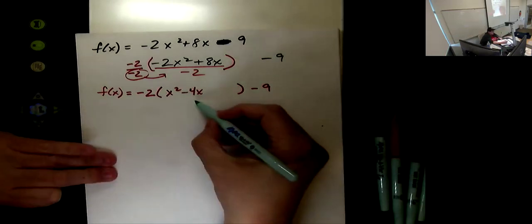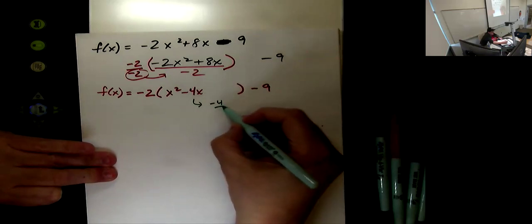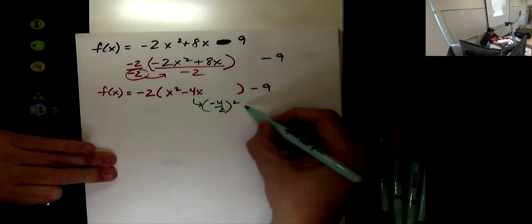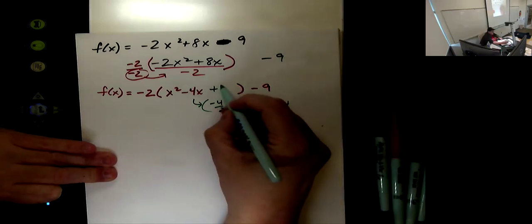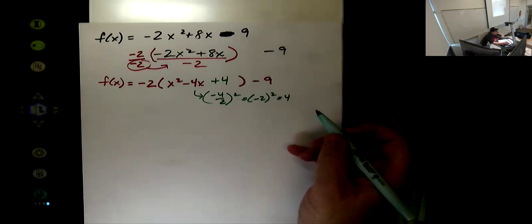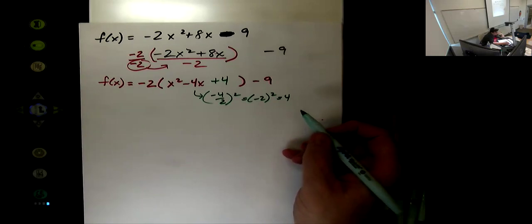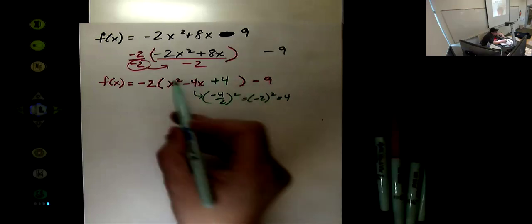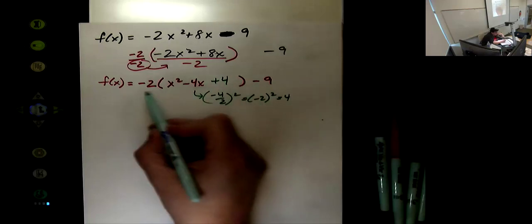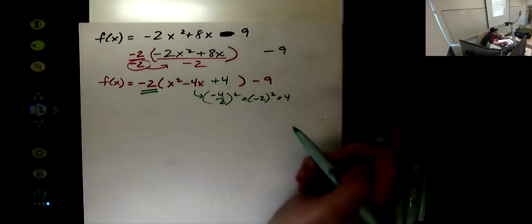Okay, so we're gonna complete the square. -4 divided by 2 squared is -2 squared, which is 4. What have I really added on this right side? It looks like we've added +4. That's not true, because this is in parentheses. And that parentheses is getting hit by -2.